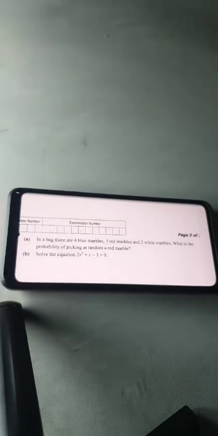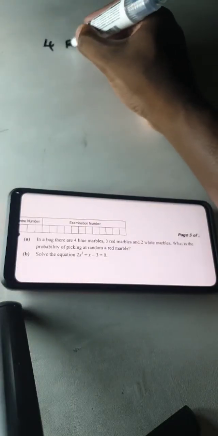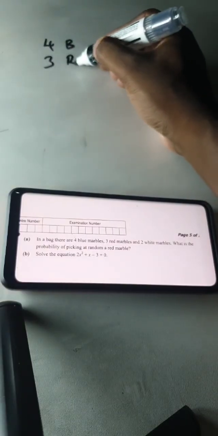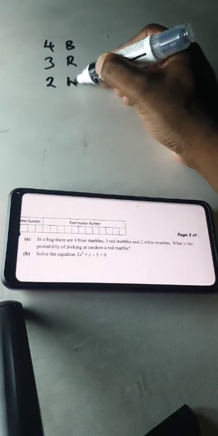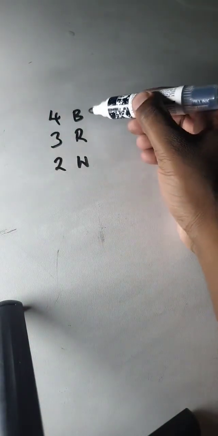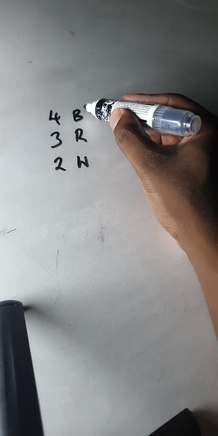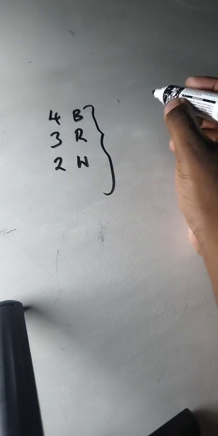Okay. So we have 4 blue marbles, 3 red marbles, and 2 white marbles. So the total number of marbles in that bag, how many are they?